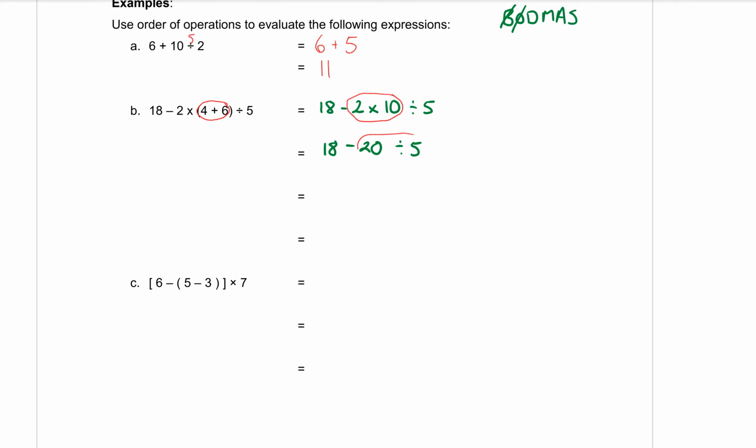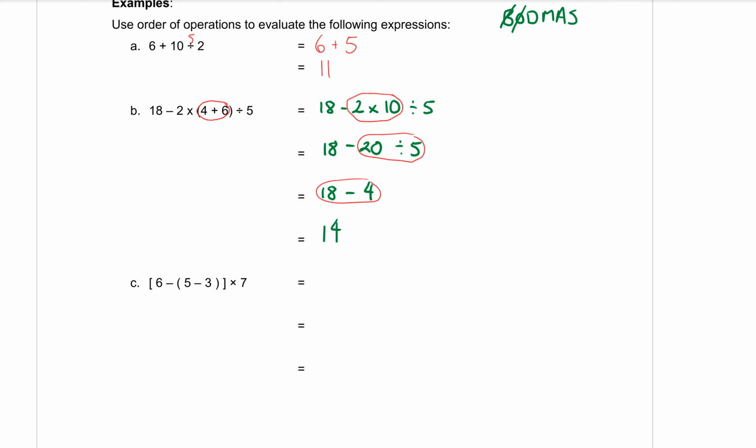Circle the divide. Everything outside the circle we write down. 18 and a minus sign is outside the circle. Inside the circle, 20 divided by 5 is 4. Great. And that just leaves me with one step, so there's only one thing left to do. So it has to be that I've got to do last. 18 take away 4 is 14.